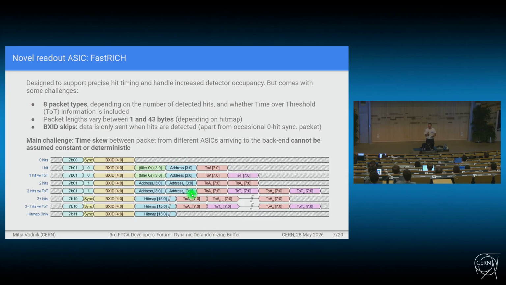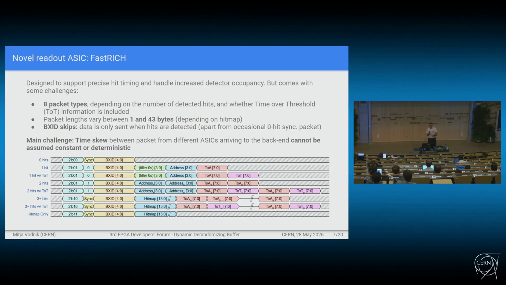This is to optimize the bandwidth of the data lines. It will have 8 different packet types, varying size headers, varying size payloads. So this will already be a challenge to decode on the backend side.